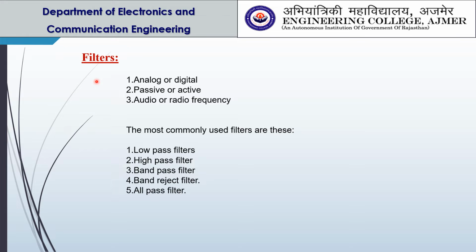A filter may be classified in a number of ways, such as analog or digital filter, passive or active filter, audio or radio frequency filters. Analog filters are designed to process only analog signals, while digital filters process analog signals using digital techniques.